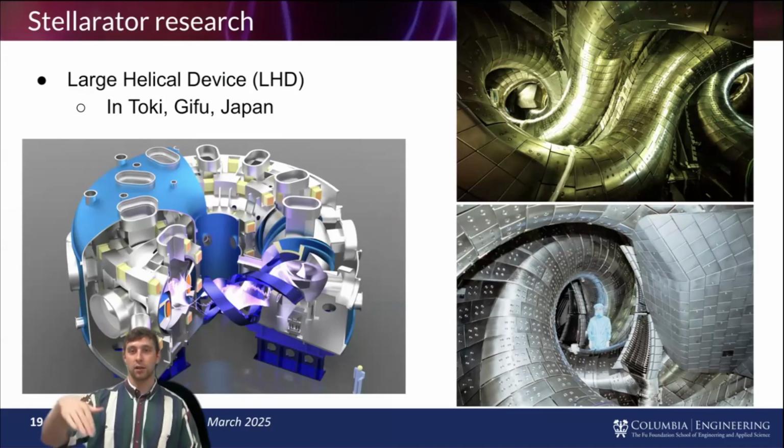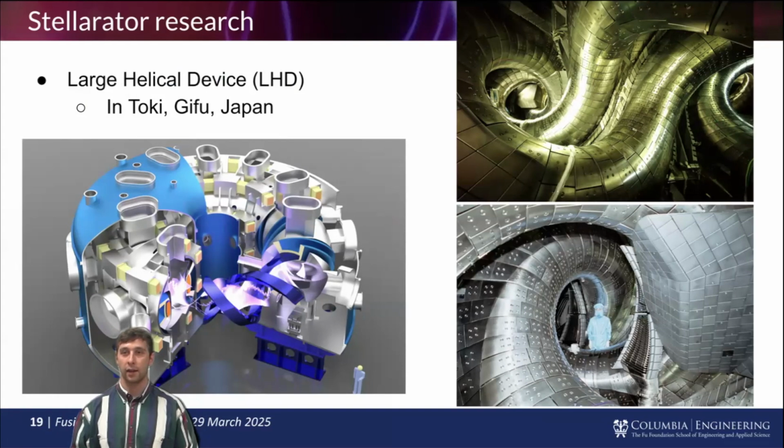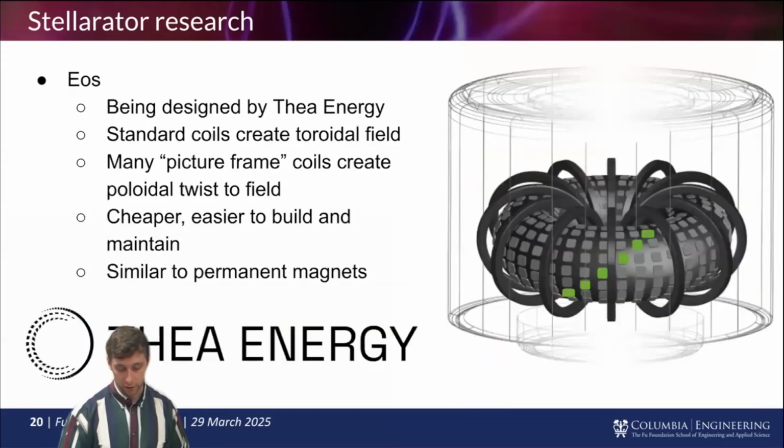So you can see the twisting of the coils, again, creating that helical field that helps the plasma maintain better confinement. Unfortunately, this device was built earlier on before optimization methods advanced to the level that they are today. So this device isn't as optimized as W7-X, but still contributes to stellarator research nonetheless.